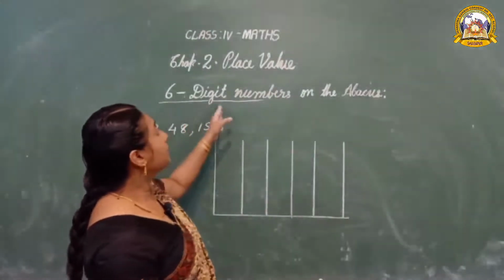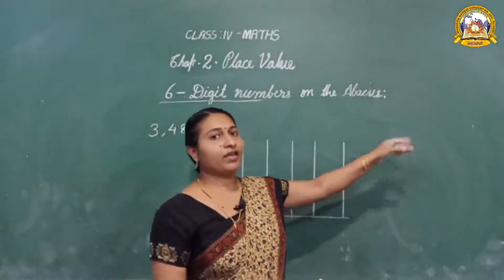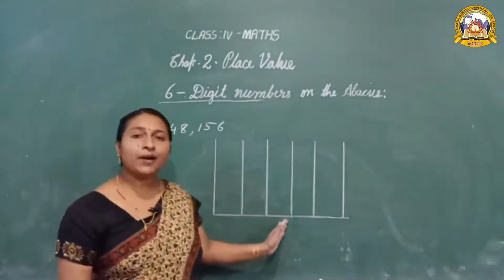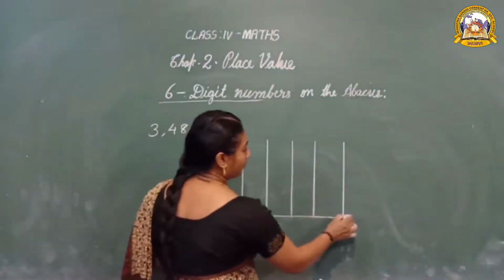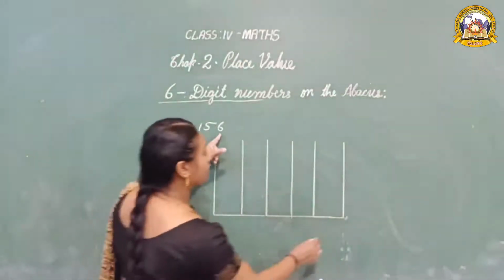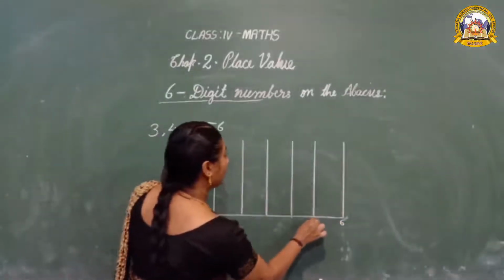Next we are going to write the 6-digit numbers on the abacus. How can we represent this number on the abacus? First, let us give the digits. What is written here? 6. Next, 5.